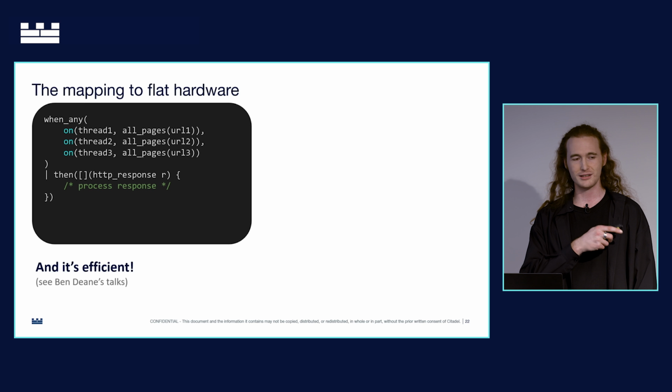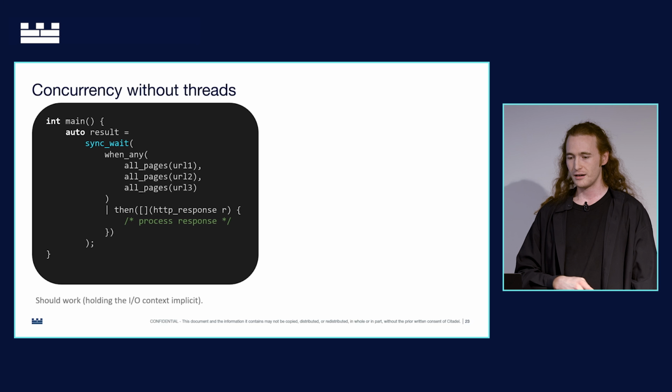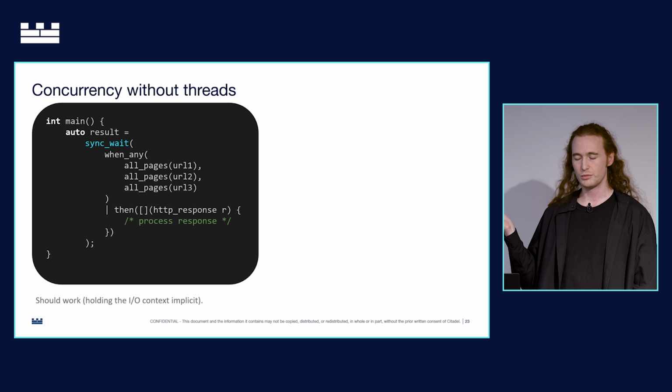The fun thing here is that it's really efficient, and you should absolutely look at Ben Deane's talk from C++ Now a few years ago, where he describes how Intel runs their little chiplets around the CPU, like the stuff that boots your CPU, that's also a bunch of chips, and they just run sender receiver on pure interrupts. It's lovely.